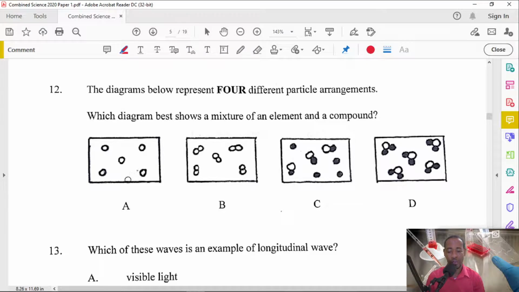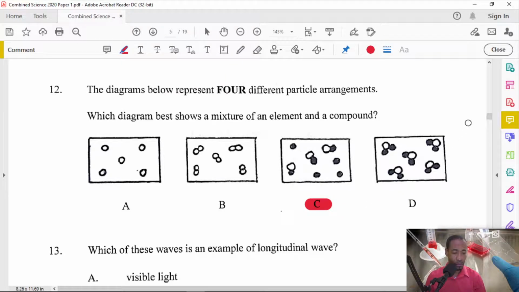So option A will just be an element. Option B will be a molecule, same type of atoms. Option C, if you notice the black particles and then a black and a white together. So the black particles by themselves will be the element. The compound will be the black and white together. And D will just be a compound. So answer here will be C.